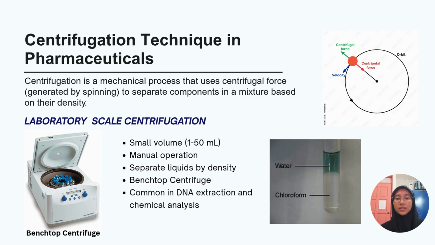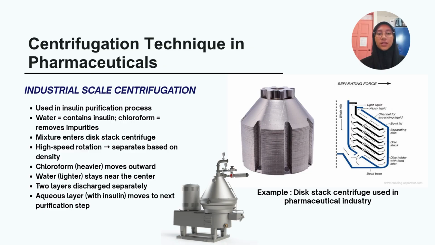from the organic layer. For the industrial scale, centrifugation is done on a much larger scale. A machine like this centrifuge runs continuously and can separate thousands of liters per hour.